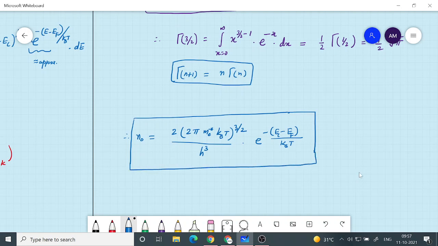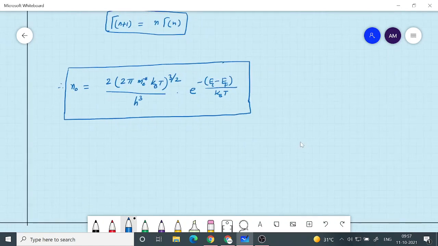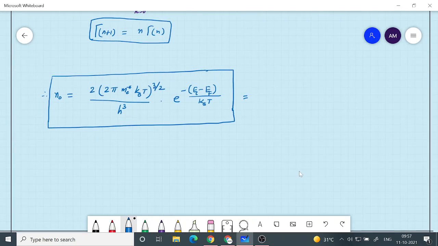The number of electrons in the conduction band depends upon how far the Fermi level is from the bottom of the conduction band. Okay, so that will decide the value of this exponential expression, and then that is multiplied by a constant. So all this thing is a constant. I can shorten it by evaluating the value of all the constants.